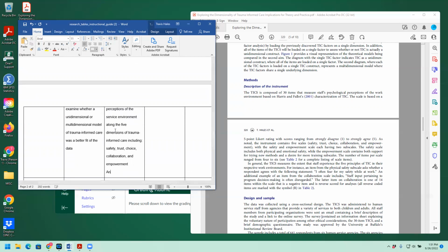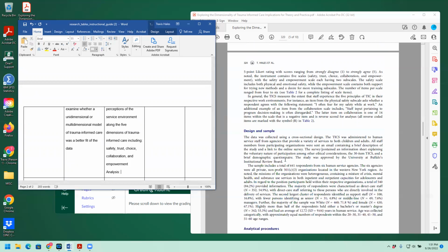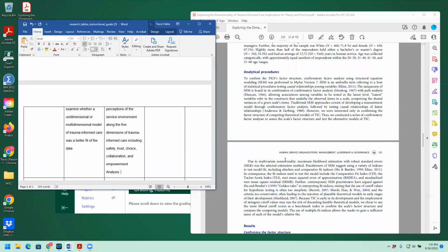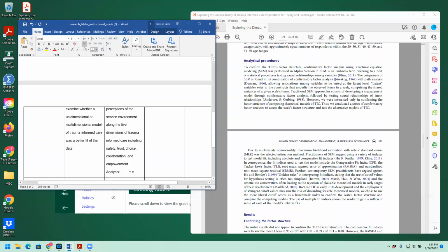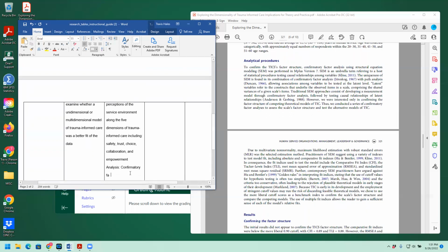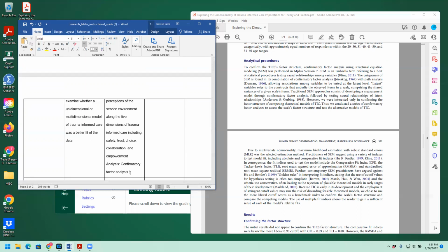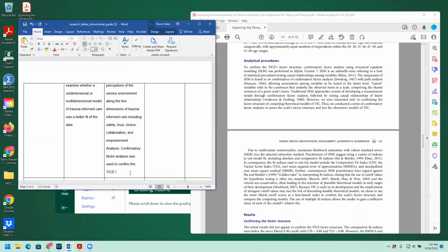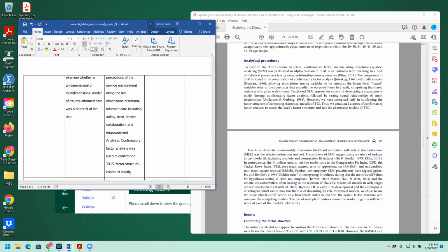And lastly, I'm going to put analysis and scroll down here to the analytical procedures, and indicate that confirmatory factor analysis was used to confirm the TICS's factor structure / construct validity.